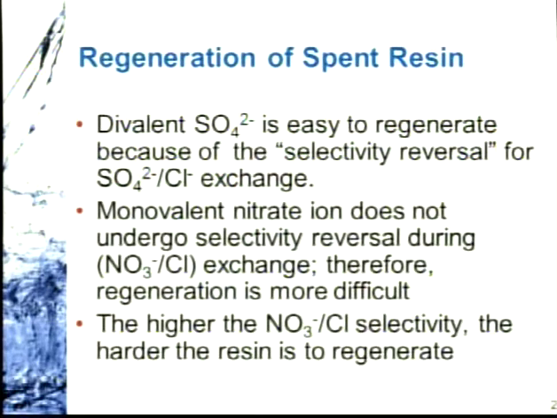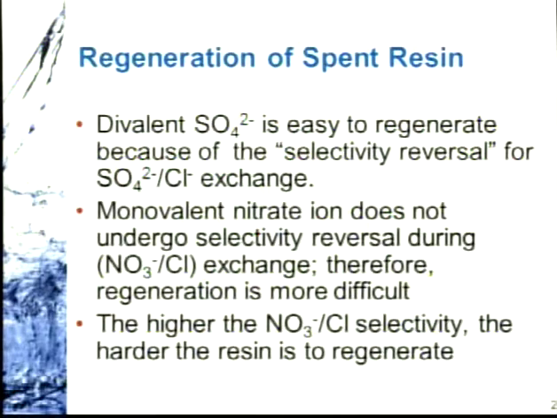Now, regeneration of the spent resin. Sulfate's pretty easy to push off of these resins due to a phenomenon called selectivity reversal. Other things that are divalent anions, like chromium-6, are also easy to push off of strong base anion resins because of selectivity reversal.